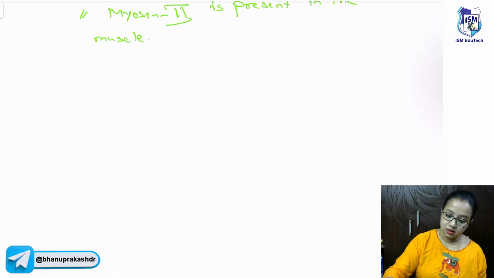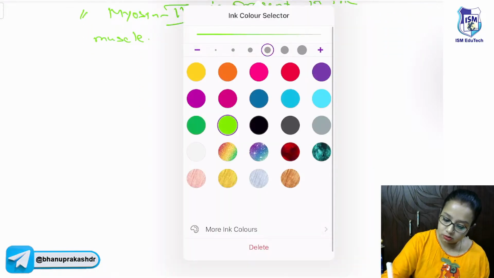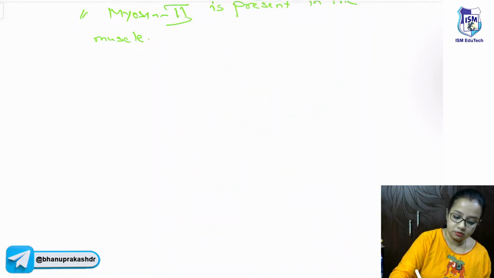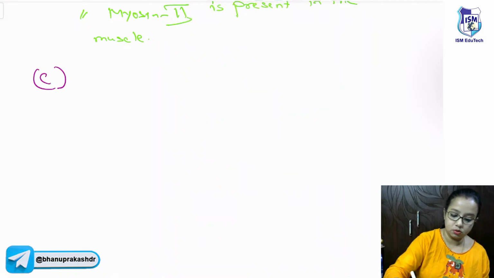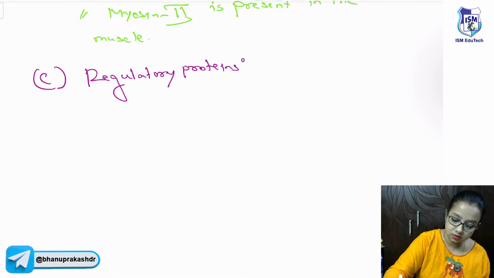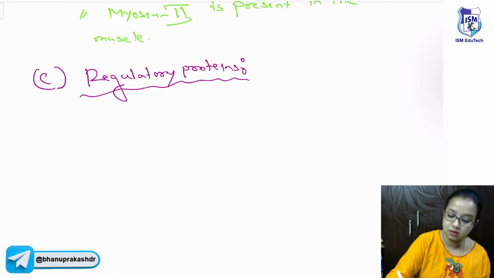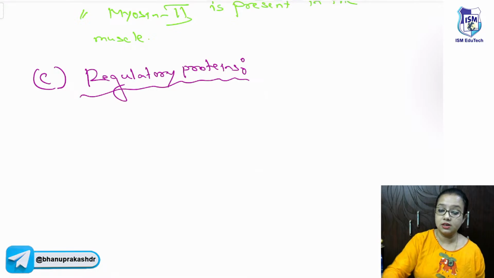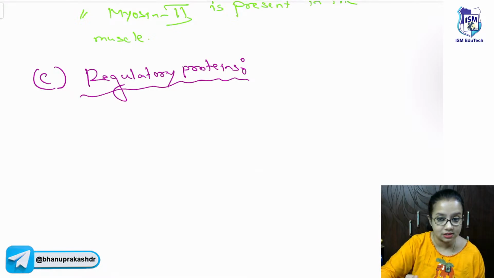Okay. The third type of muscle protein is the regulatory proteins. These are regulatory proteins which regulate the contraction and relaxation.